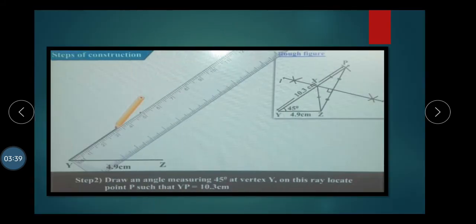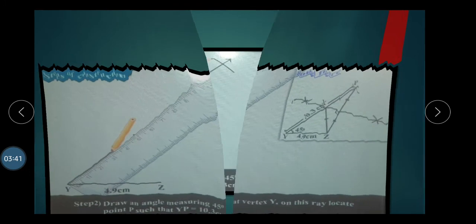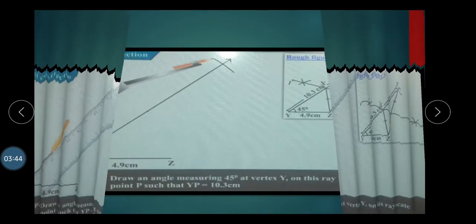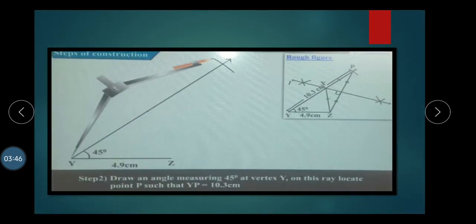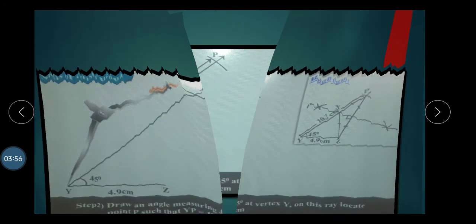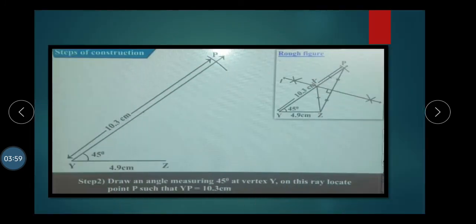This is the way your ray will be drawn. That is, an angle will be formed of 45 degree. Taking your rounder, you will cut an arc of 10.3 centimeter from point Y and name it as point P. This is the way you will be naming.